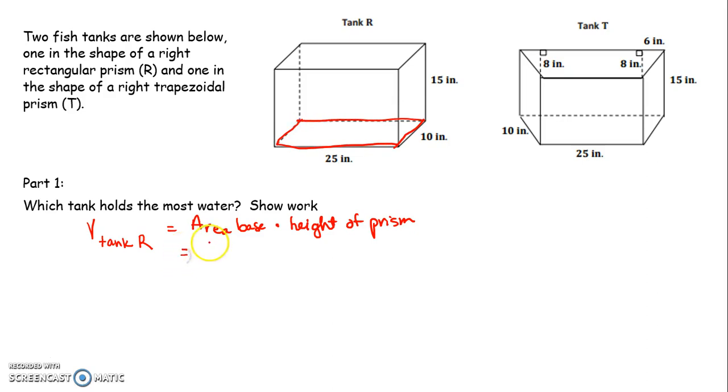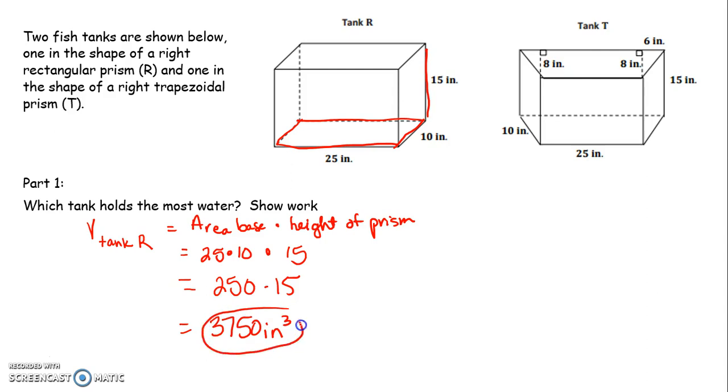Area of my base will be 25 times 10, times the height of my prism, which is 15. 25 times 10 is 250, times 15. What's 250 times 15? 3,750. So this first tank holds 3,750 cubic inches of water.